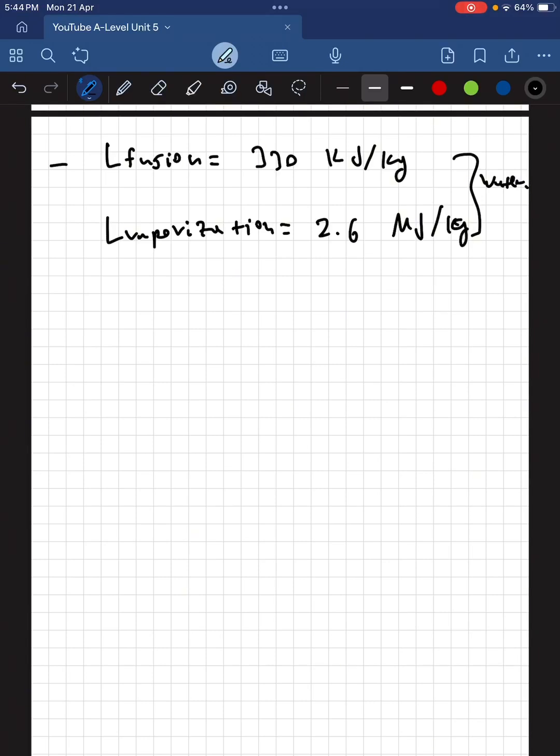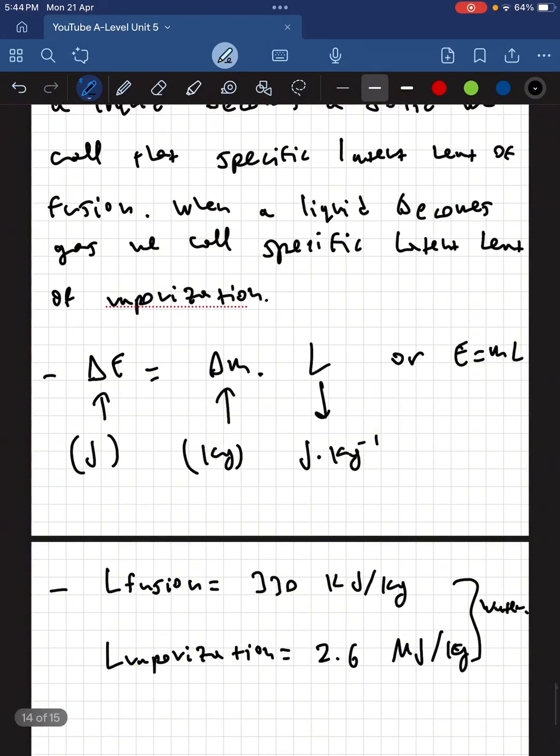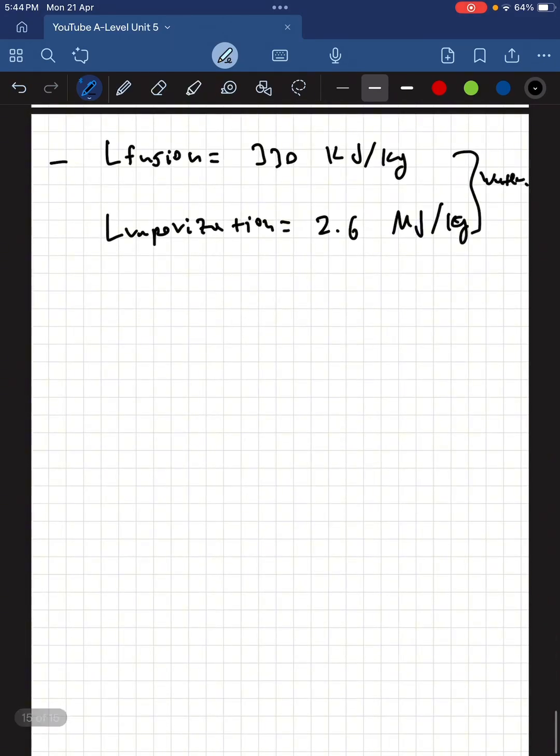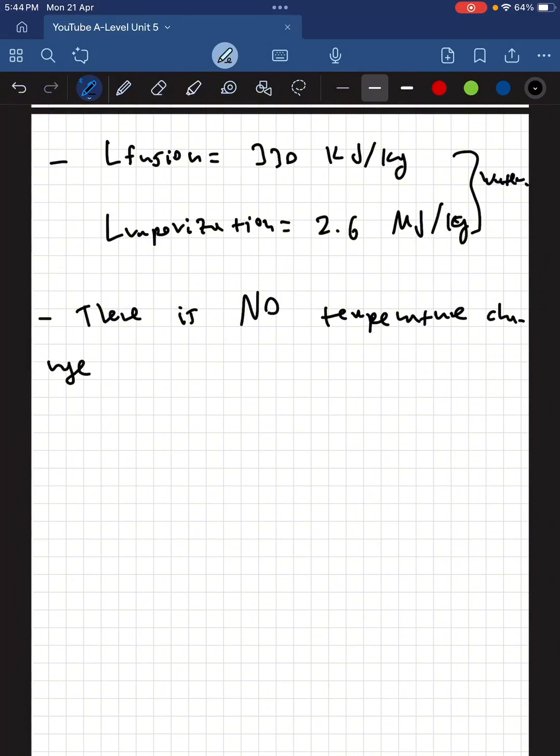So this is what it means. And notice that in this equation, delta E equals delta M times L, there is no temperature involved. Why is that? Because there is no temperature change during a phase change. This is important.